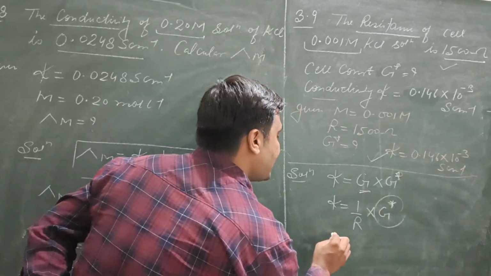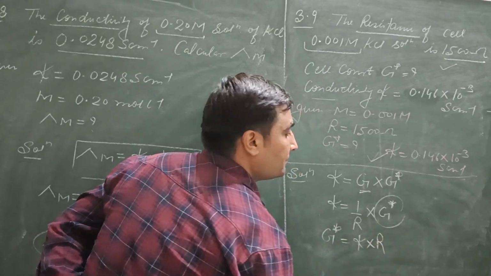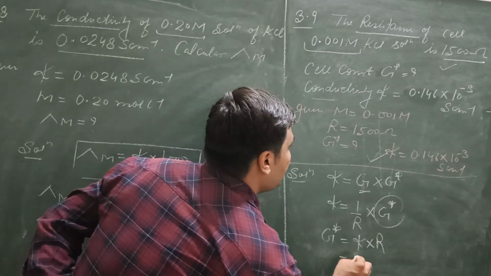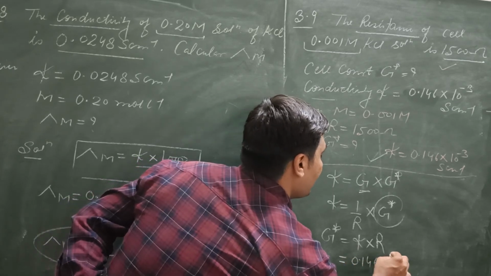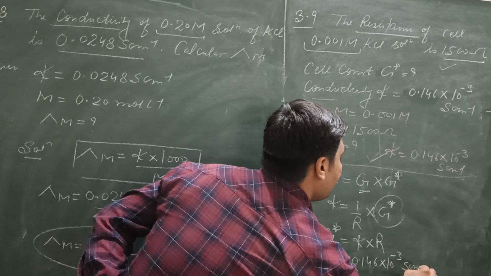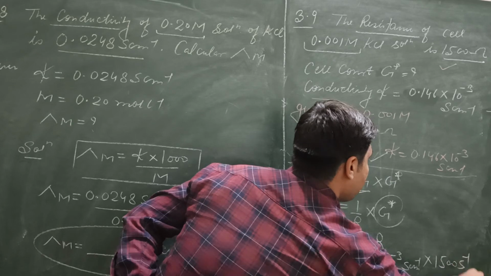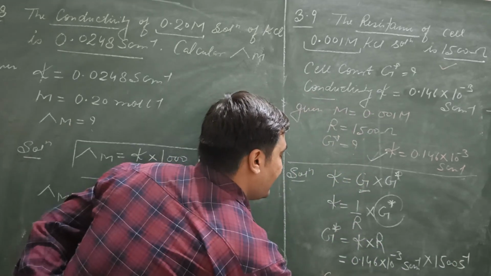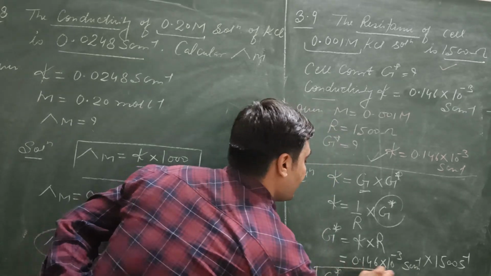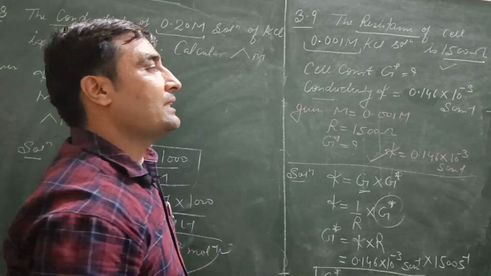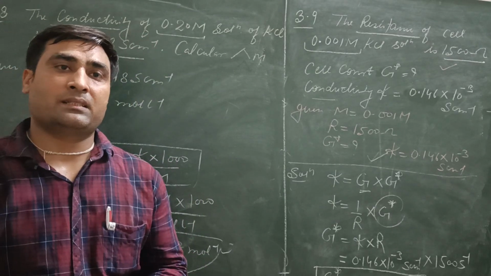It means cell constant G star will equal kappa into R, and kappa equals 0.146 into 10 raised to the power minus 3 Siemens centimeter inverse into 1500 ohm or Siemens inverse, and we find G star, whose unit comes out to be centimeter inverse. So by this we can solve different numerical problems of this aspect.